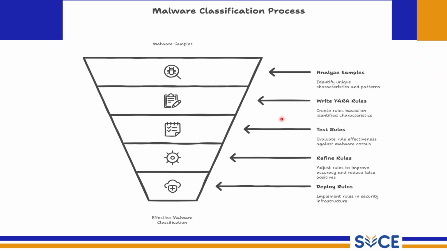This allows you to organize your rules into modular components. And another advantage is variables. You can define variables within a rule to store values and reuse them in the condition. Okay.